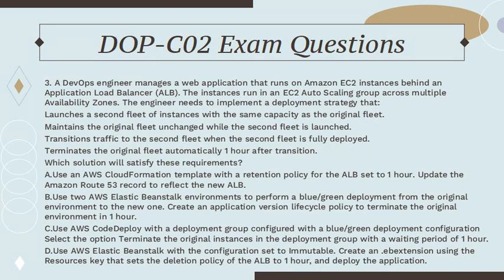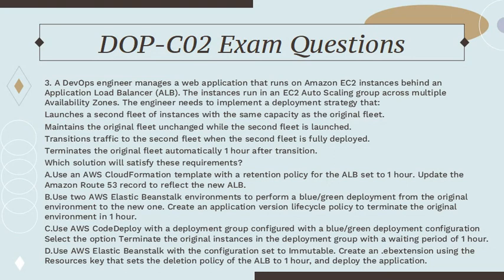Create an application version lifecycle policy to terminate the original environment in 1 hour. C. Use AWS CodeDeploy with a deployment group configured with a blue-green deployment configuration. Select the option to terminate the original instances in the deployment group with a waiting period of 1 hour.